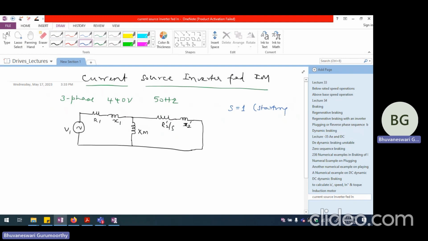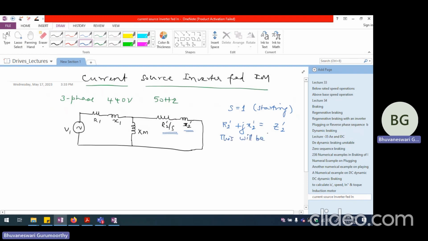So if you look at the rotor circuit, it is going to have a very small amount of resistance and small leakage reactance. So the impedance offered by the rotor circuit, which is R2 dash plus jX2 dash, that is Z2 dash, this will be low.